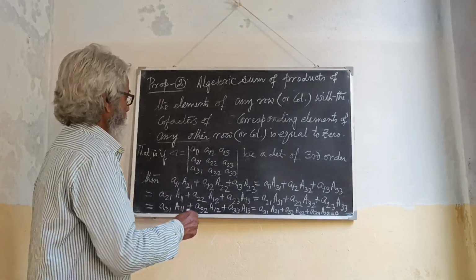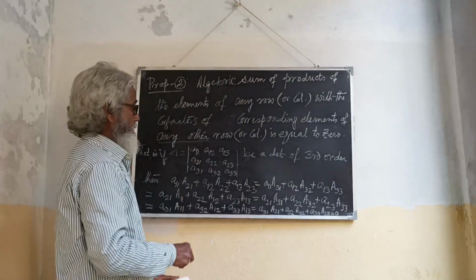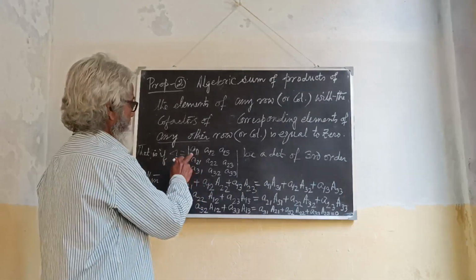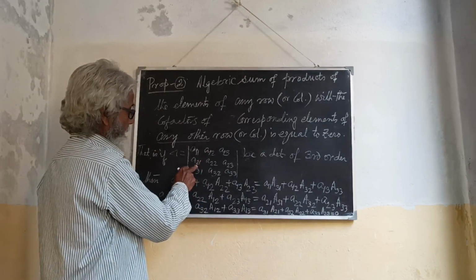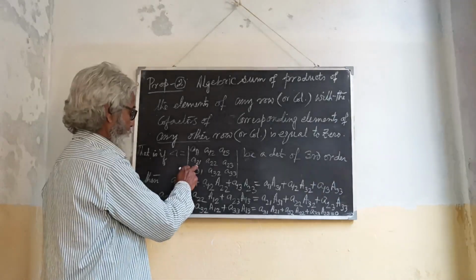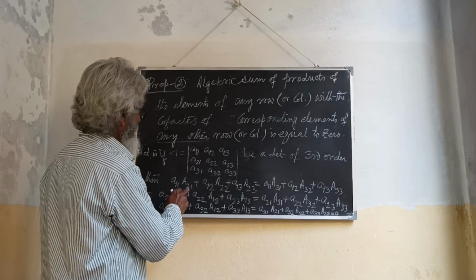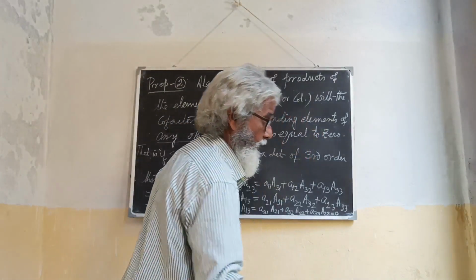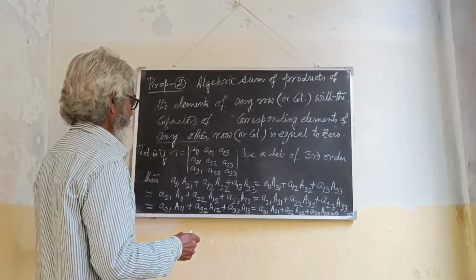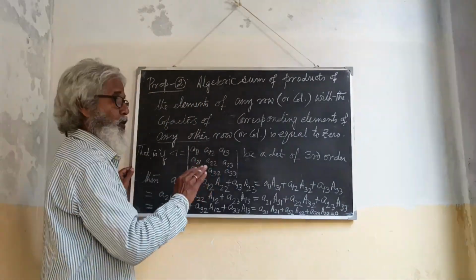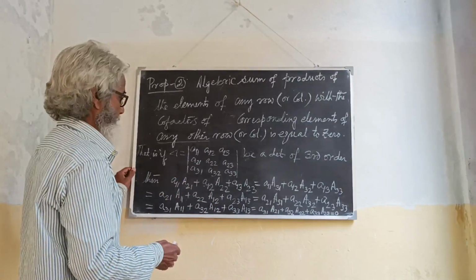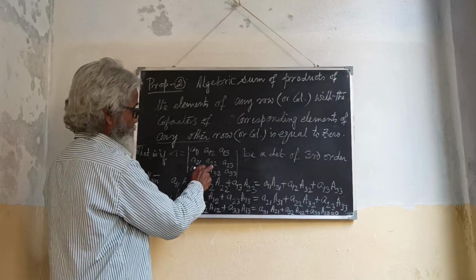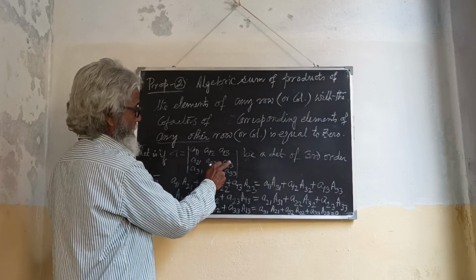Then we show that A11 into cofactor of A21, capital A21 (cofactor means capital letter when no numerical figures are given), plus A12, A22 plus A13, A23.